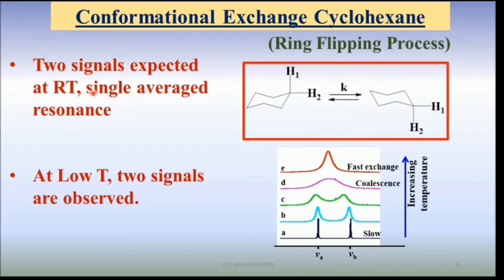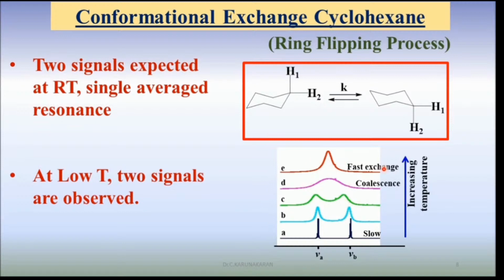Therefore, two signals are expected due to axial and equatorial protons, but at room temperature only one singlet signal is observed, a single average resonance.